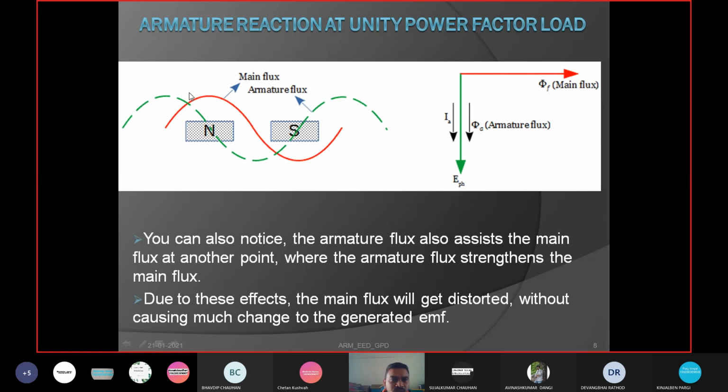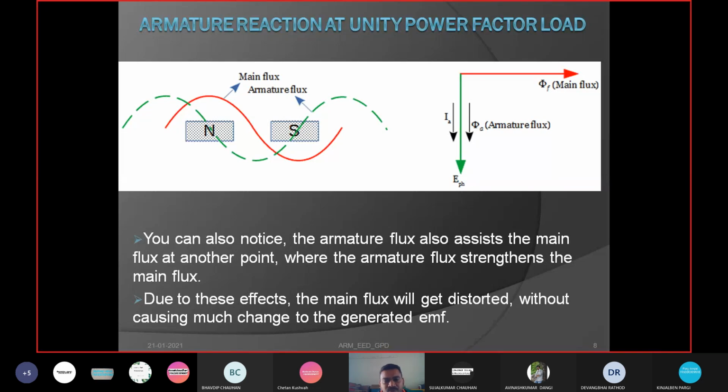In the portion where the main field flux and armature flux assist each other, the resultant flux or main flux will increase, but in this portion it will oppose. That means the main field flux reduces. So the effect is known as the cross magnetizing effect, in which the main field flux is distorted as well as reduced.